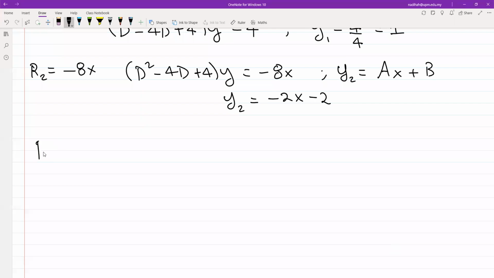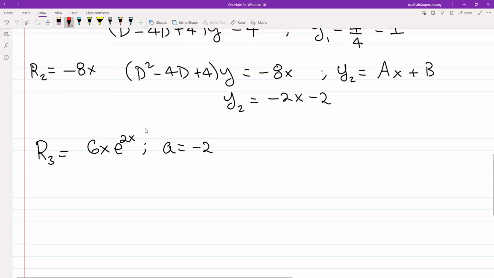Okay, let's see the last one. R3 equals 6x e to the 2x. And in this case, a equals 2. So if you want to do the exponential shift, because you have an exponential and then you have another f(x).